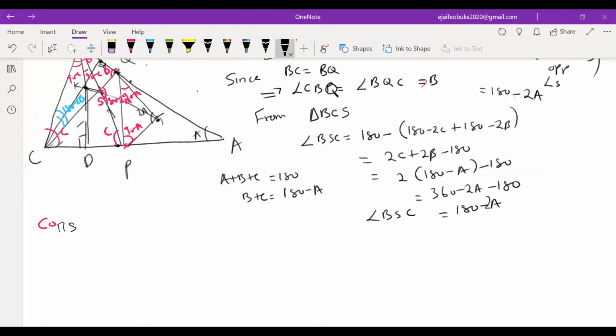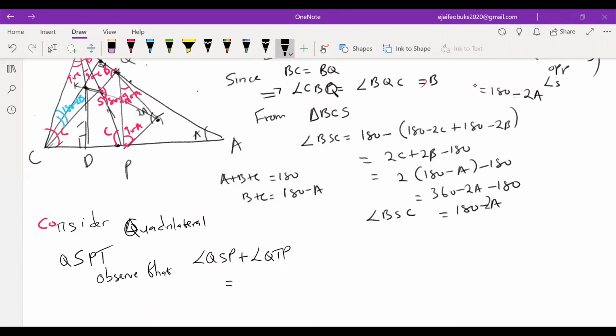If you consider quadrilateral QSPT, you observe that angle QSP plus angle QTP is equal to 180 minus 2A plus 2A.